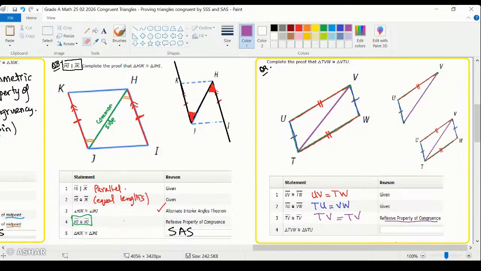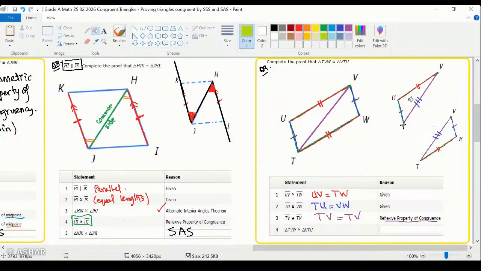I'll resize it. Okay, if this shape was given to us, we can say these two shapes have a common side, that is this side, right? So we have three sides which are equal in these shapes.